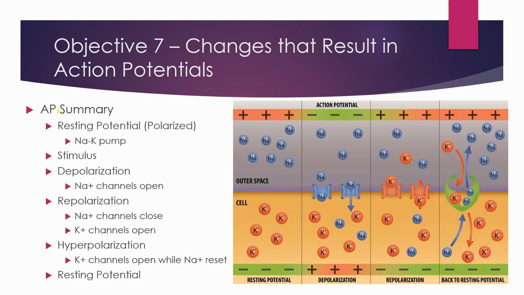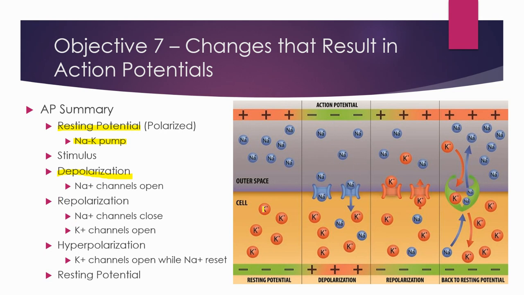And so just kind of an overall summary, we started at resting potential, which is maintained by the sodium-potassium pump. We refer to the membrane as polarized during that time. The stimulus is going to occur, and that's going to trigger those voltage-gated sodium channels to open, which is going to lead to depolarization. And you can see that in depolarization, sodium is going in to the cell.